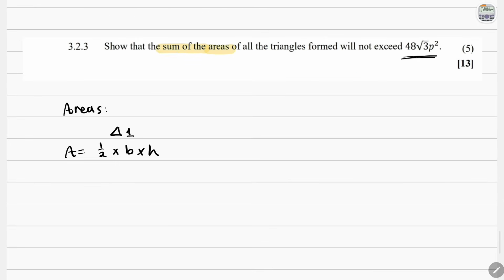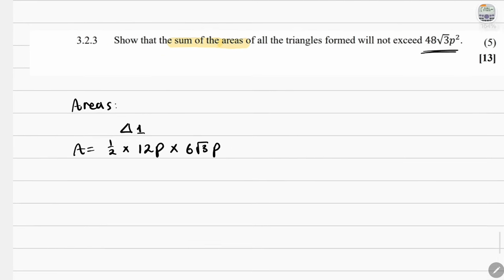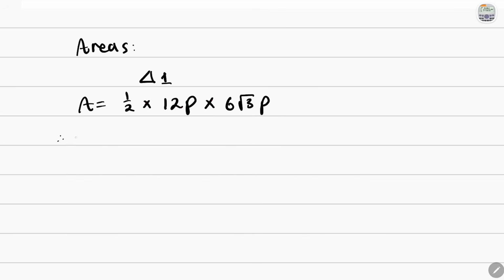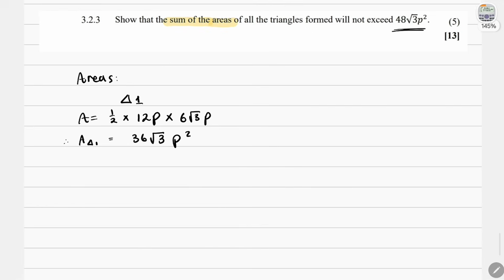So this is going to be a half multiplied by our base of 12p units multiplied by our height of 6 square root 3p. That's how we find the first triangle's area. So the area of triangle 1 is going to be, a half times 12p, that's 6p, so we're going to have 36 square root 3p squared. That is the first one.